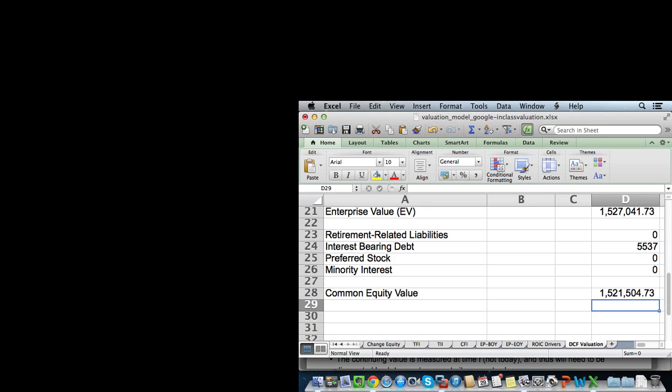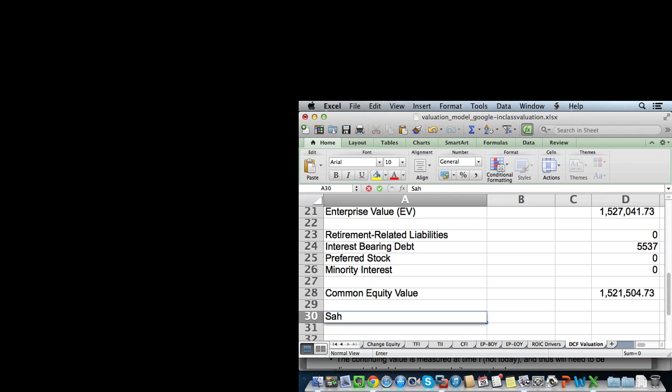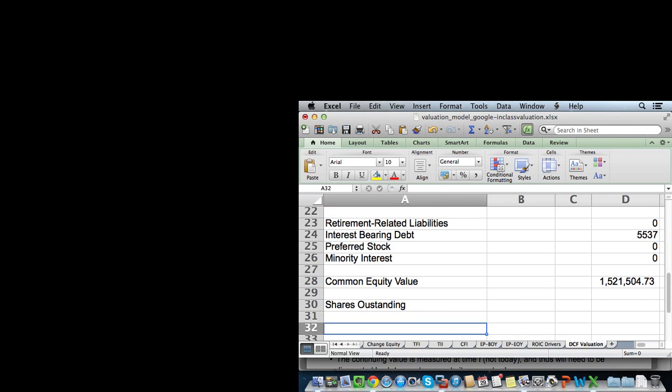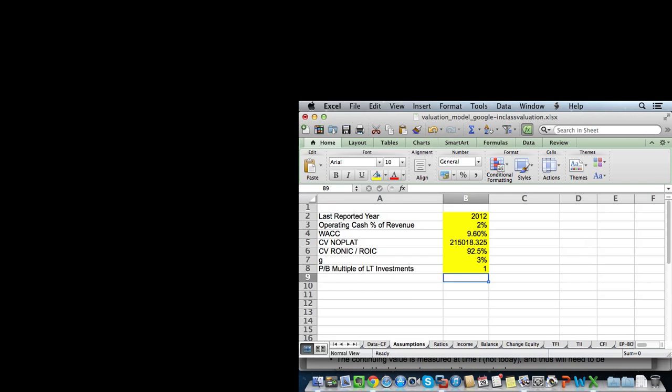Which means to forecast a share price, we need to know the shares outstanding. And that we're going to put on the assumptions tab because that will change by company. Shares outstanding today.